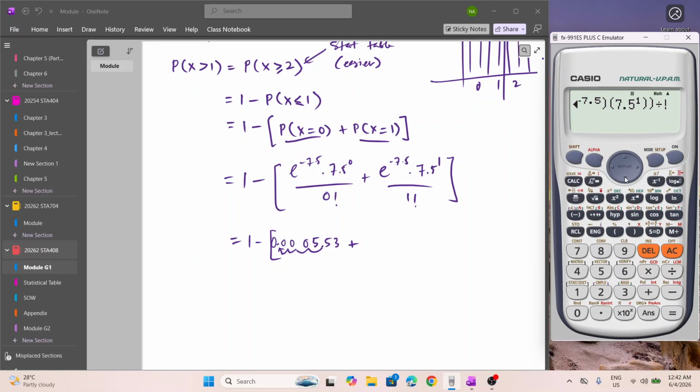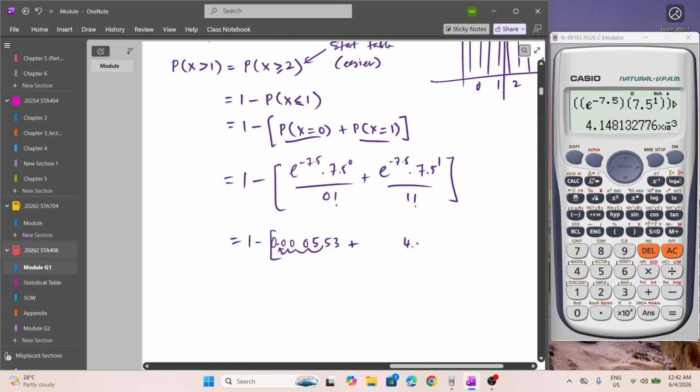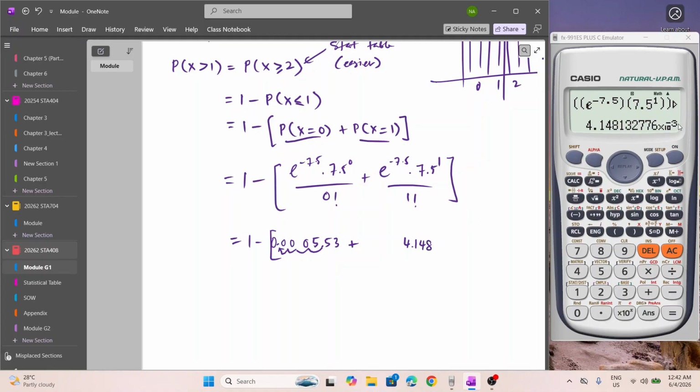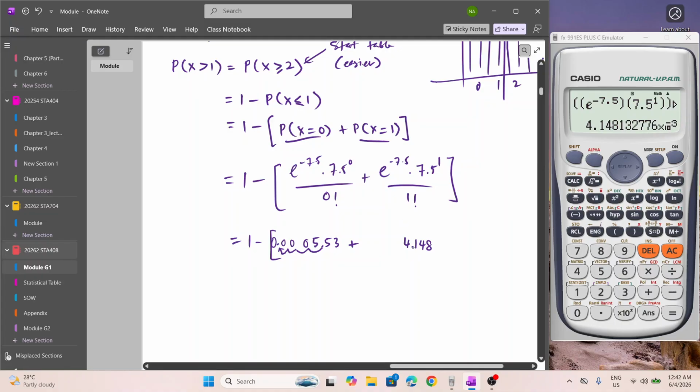Oh, okay, 1 factorial. And for the second one is again 4.148. Then we notice that times 10 to the power of negative 3 means that you have to move the point 3 times to the front, 0.004148.